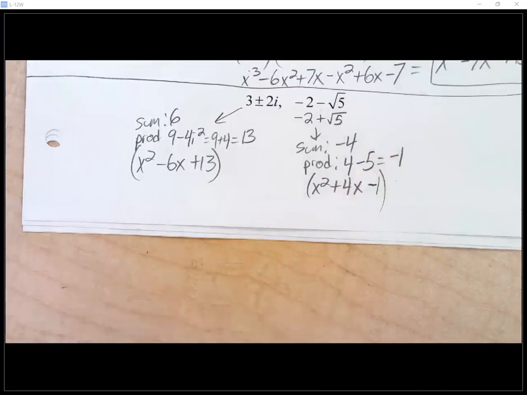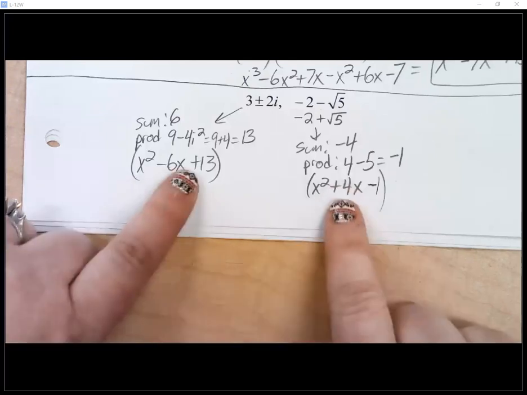Once I'm here, well, let me ask, did you get what I got too for that one? And now all I have to do is multiply these two together and I'm done.